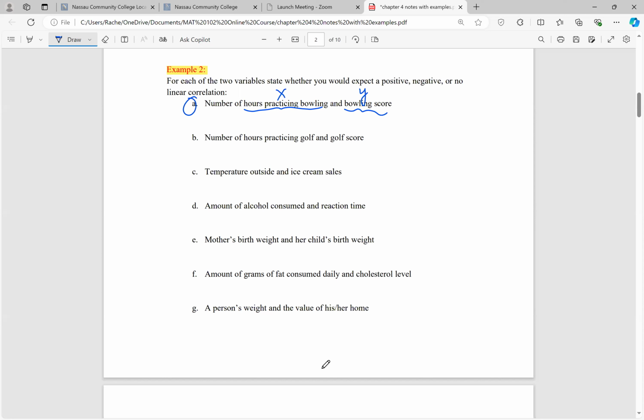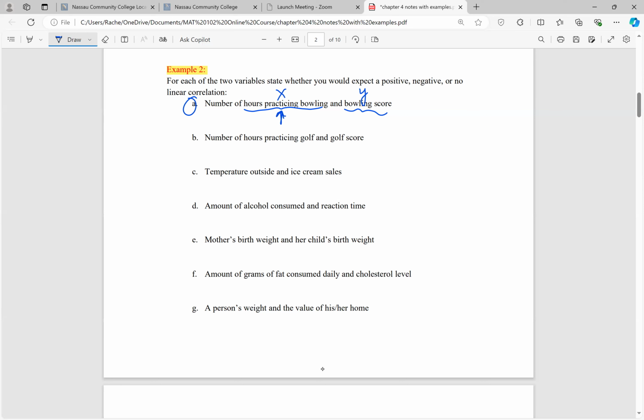And that's the way it's going to be, right? Your score is going to depend on how much you practice. So y is going to be the dependent variable. So now, do you expect there's going to be a positive or negative relationship? There's definitely going to be a relationship between how many hours you practice and what your score is going to be, right? So I like to just use arrows. Let's say X was increasing, right? So as the number of hours that we practice goes up, what's going to happen?